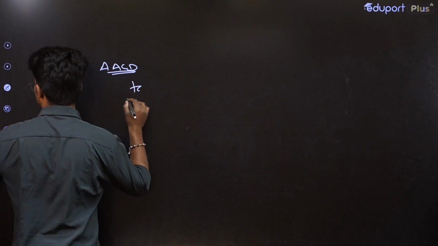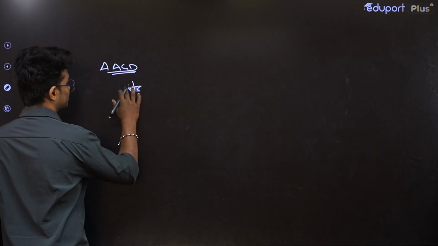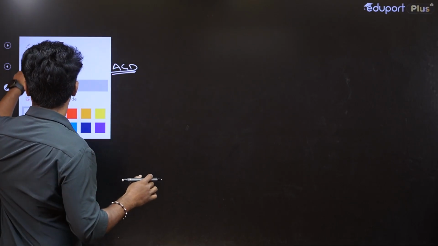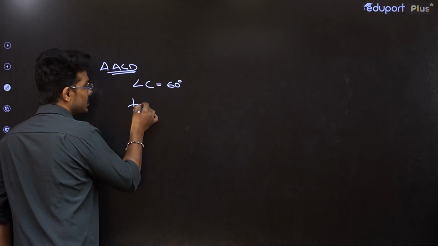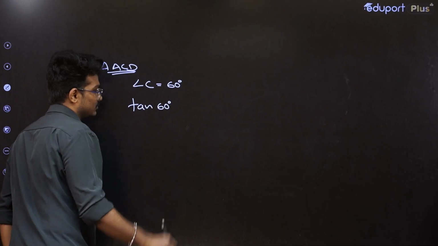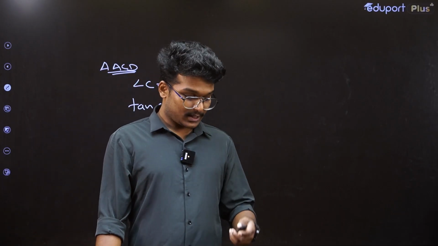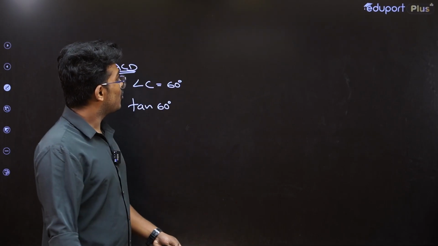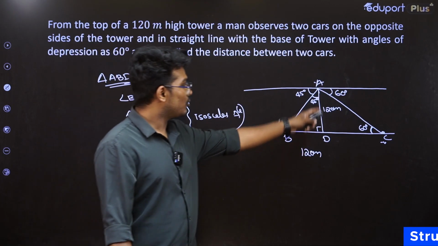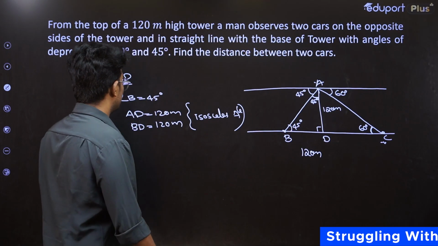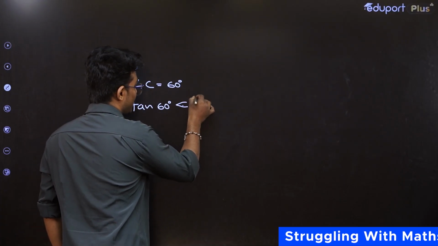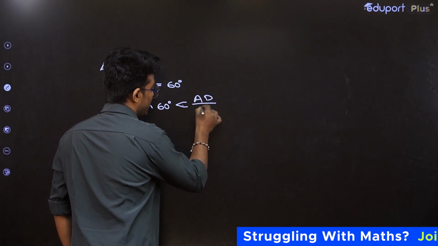So I am writing it here. Angle C is equal to 60 degree, and I am taking tan 60 here. Tan 60 is equal to opposite side by adjacent side. Opposite side is AD and the adjacent side is DC. So which is equal to AD divided by DC.